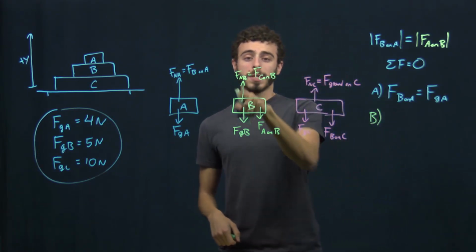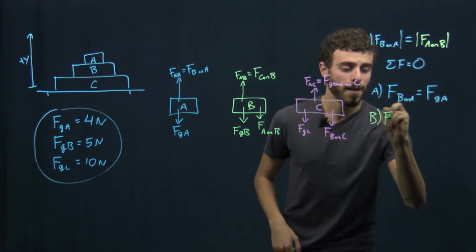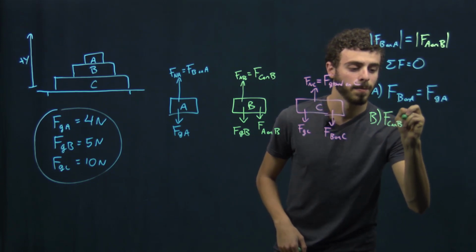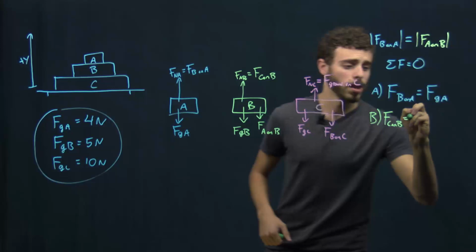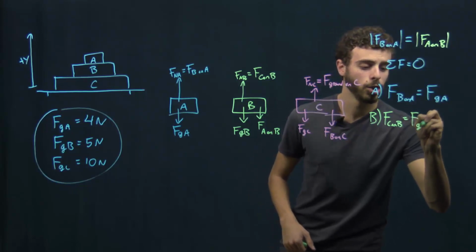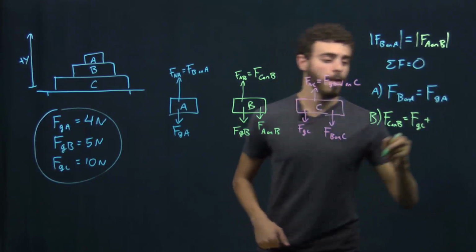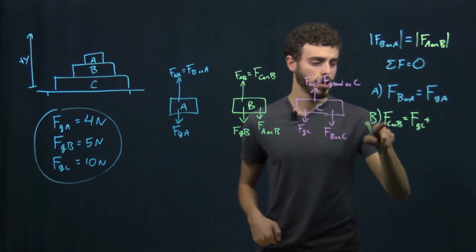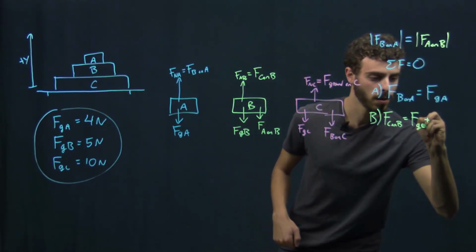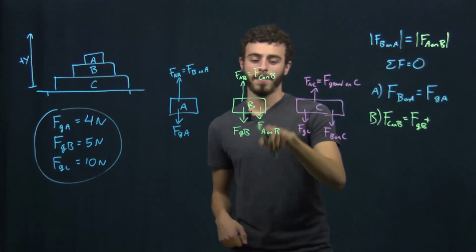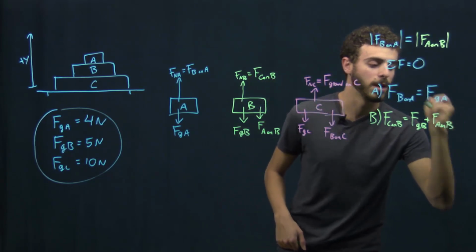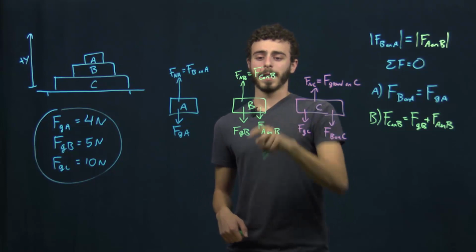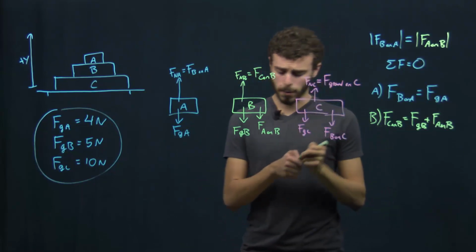For block B, we see the positive direction is going to be F of C on B, and that's going to be equal to these two forces added together. So that should be equal to F of G on B plus F of A on B. That's just saying these vectors must cancel each other out, so there's no net force.